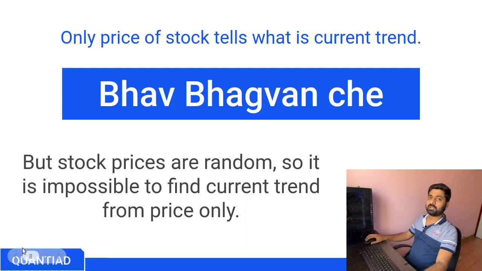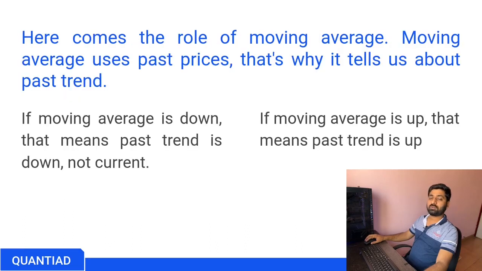So stock price can give you the current trend, but stock prices are random and it is impossible to find the current trend from stock prices only. In that case, we are going to take help of a moving average. Moving averages tell us the past trend because they use just the past prices. So if the moving average direction is down, that means the past trend is down, not the current. And if the moving average trend is up, that means the past trend is up.